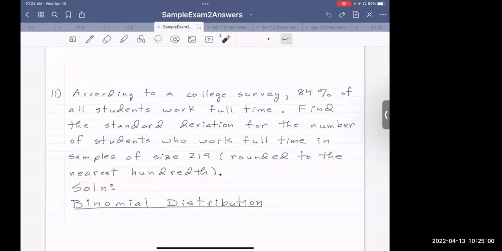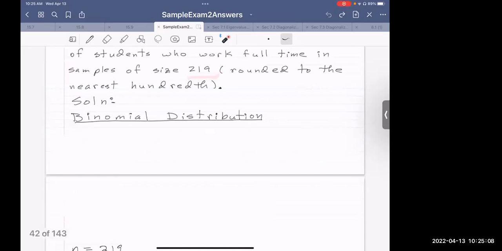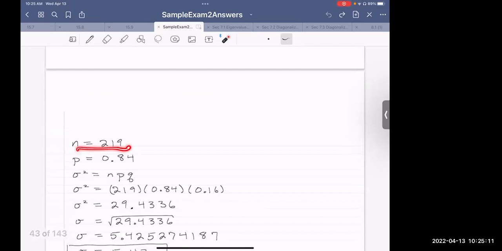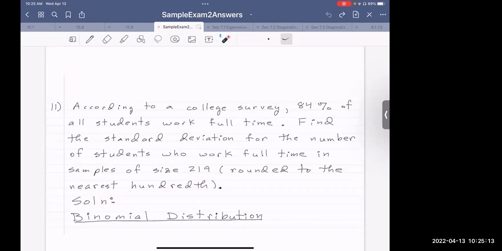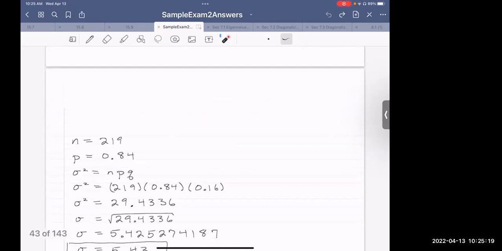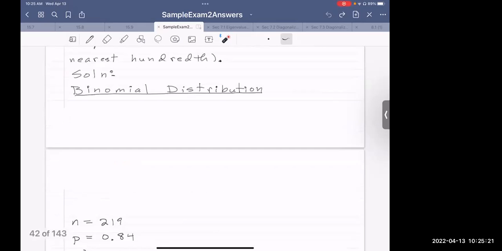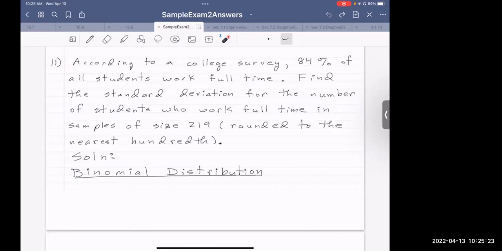So this is a binomial distribution. We have a fixed finite number of independent trials, 219. Success is that they work full-time. The probability of success is 0.84. I want to find the standard deviation.